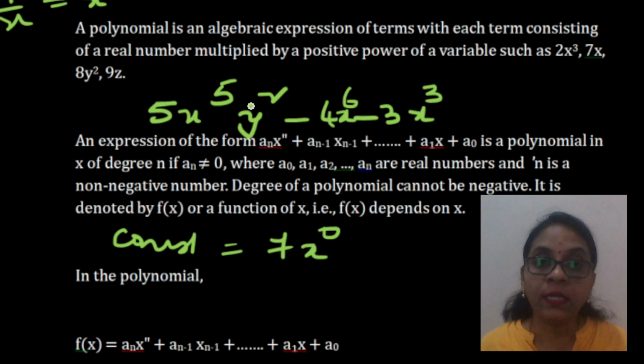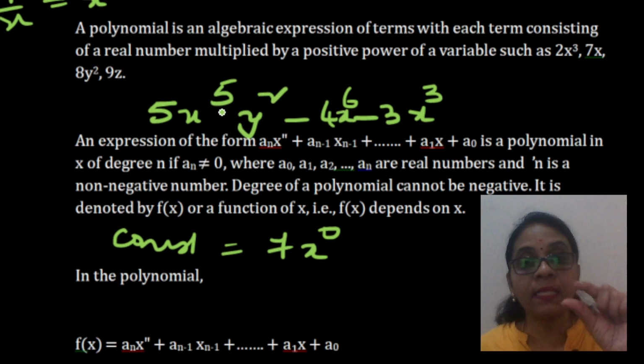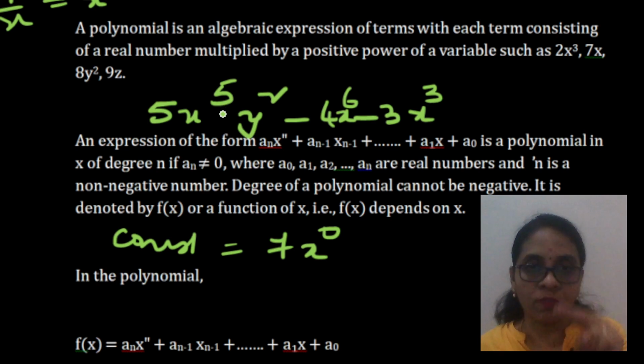Now, what will be the degree of this polynomial? The degree is the sum of the powers. Whichever term has the highest sum of the powers, if it has two variables, you have to add up the powers of both the variables and that will be the degree of the polynomial. So, 5 plus 2 is 7. So, the degree of this particular polynomial is 7.